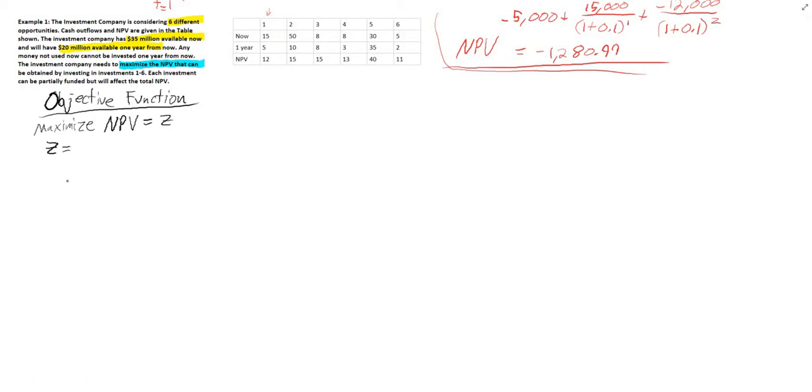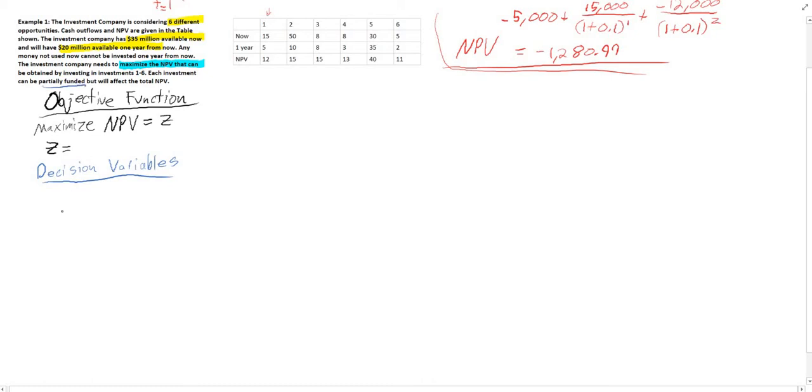And now let's do our decision variables. Alrighty. So we're going to have to be a little careful. We know that our decision variable is going to be some form of investment. But we also know that we can invest in fractions. It can be partially funded.